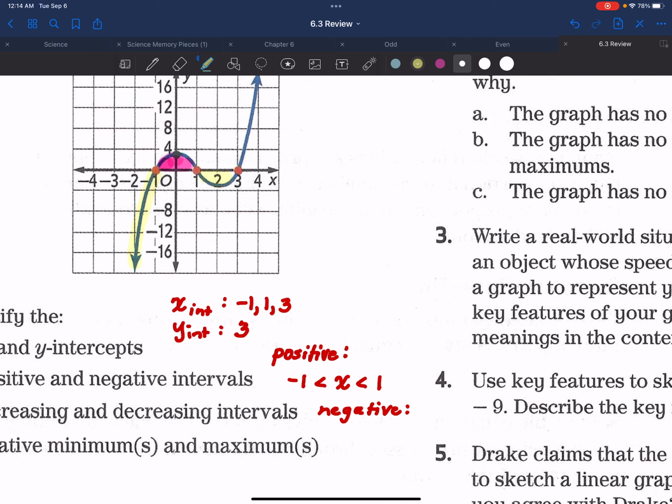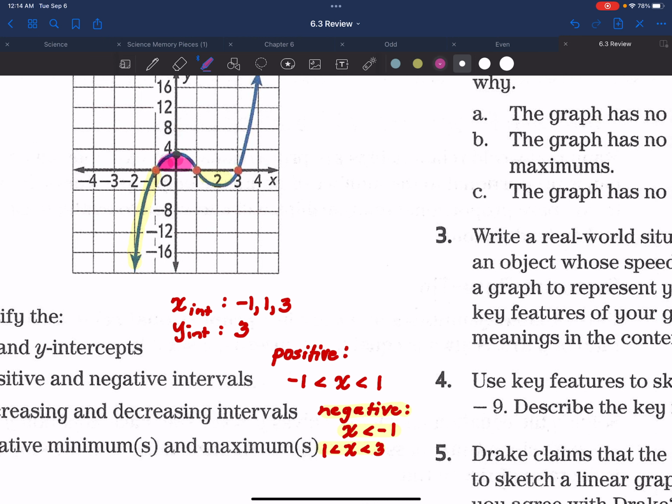So negative is going to be when x is smaller than -1, or when x is between +1 and +3. That's the yellow areas.